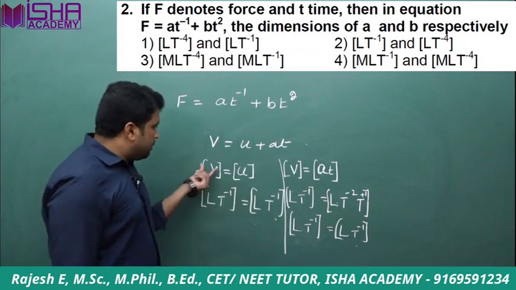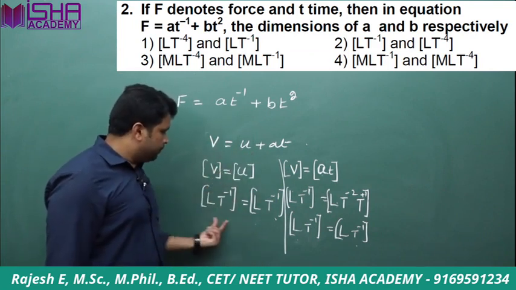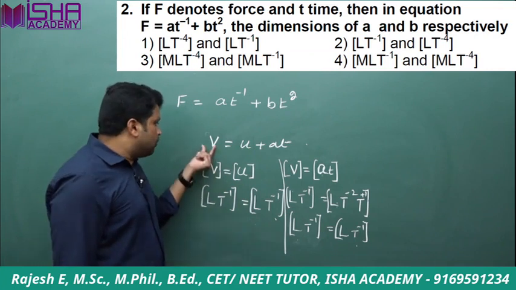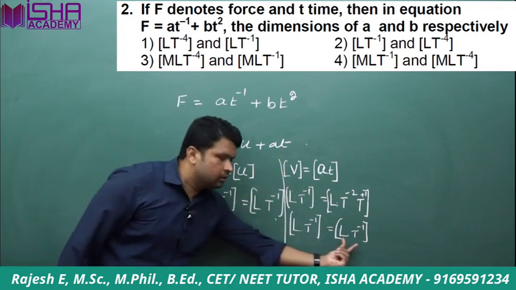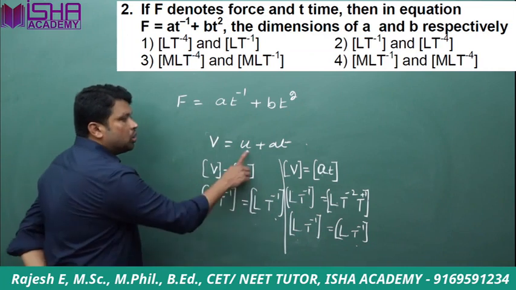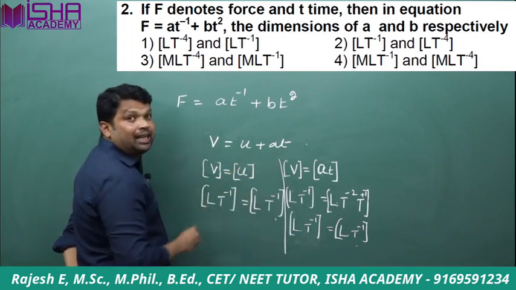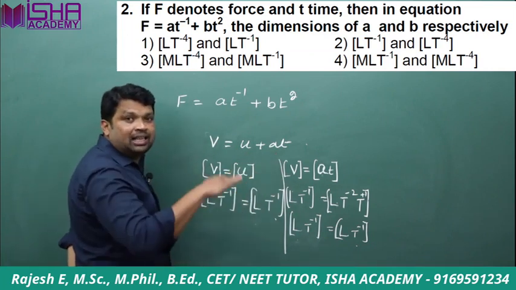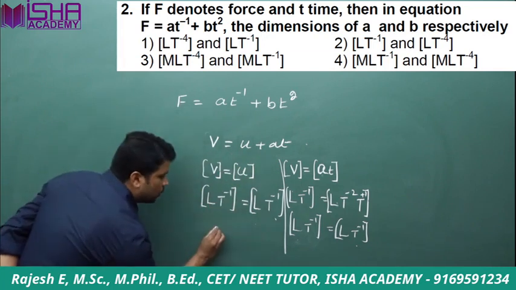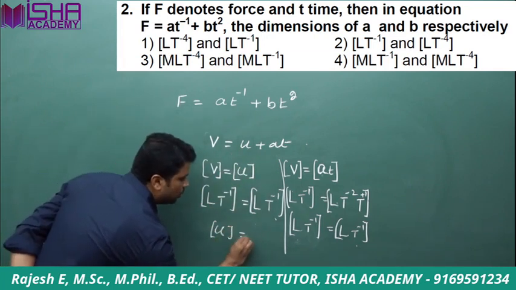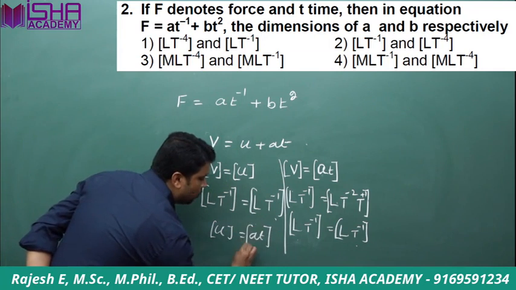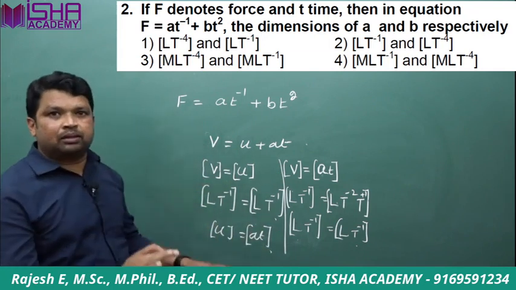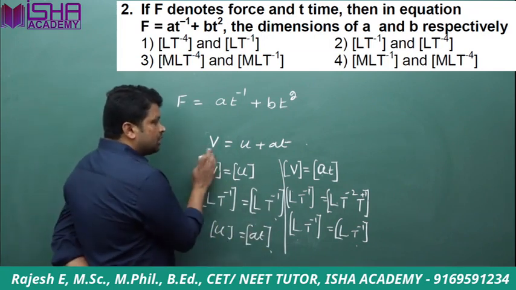See, the dimension of V is equal to that of U, and the dimension of V is equal to that of AT. Finally, we can infer that the dimension of U is equal to that of AT. This is homogeneity of equation. Simple. What do you mean by homogeneity of equation?